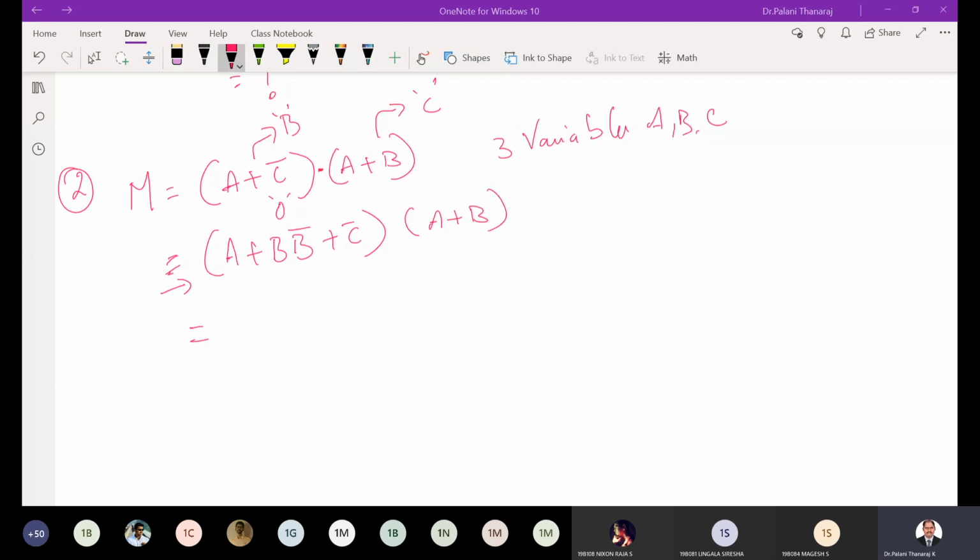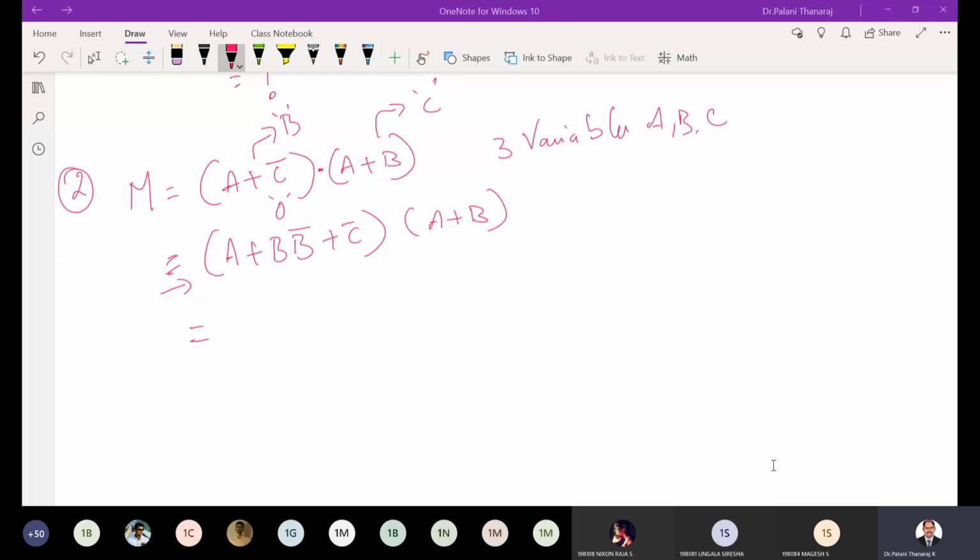Can anybody cite that law? Anyone? Not double negation. See, split into factors. Double negation, or De Morgan's theorem, converts multiplication to addition.